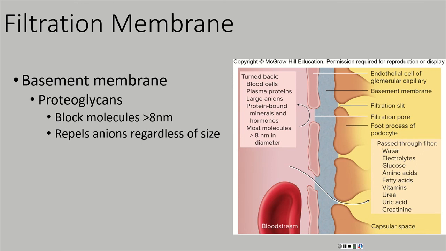We'll see those a little bit later. Since they're bound to proteins, well, the proteins can't leave, so neither can the things bound to them. Anything bigger than 8 nanometers in diameter, too big to fit through. And then again, if they are anions, they can't get through.